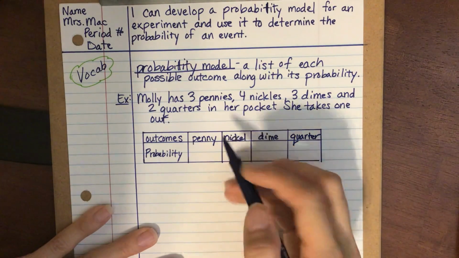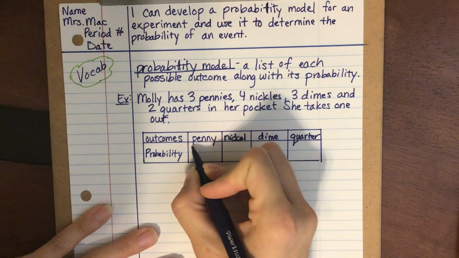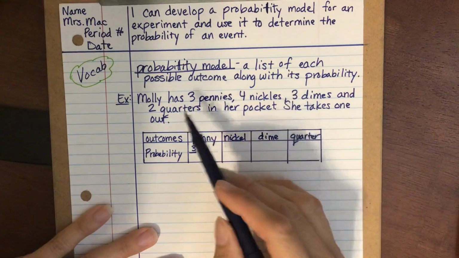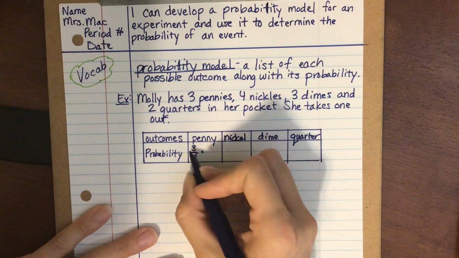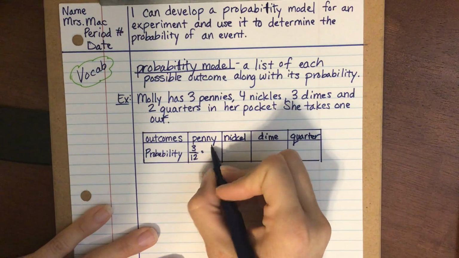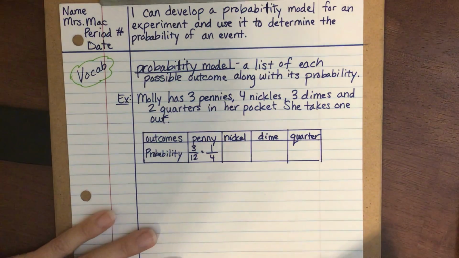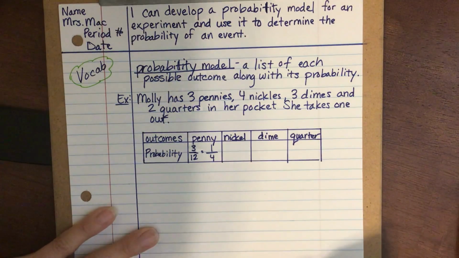Okay. All right, so let's take a look here. For a penny, there are 3 pennies out of, this is 7, 10, 12, out of 12 coins altogether. So the probability for this when we reduce it is going to be 1/4. For the sake of these probability models, I'm going to leave it as a fraction, but you can also write it as a decimal or a percent.